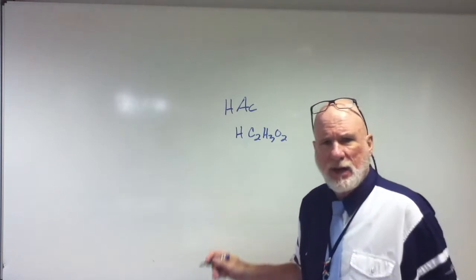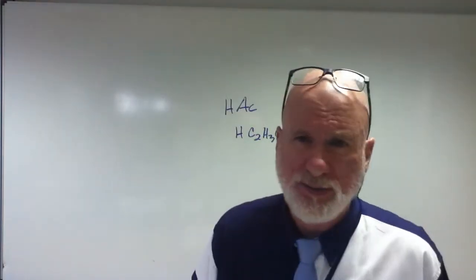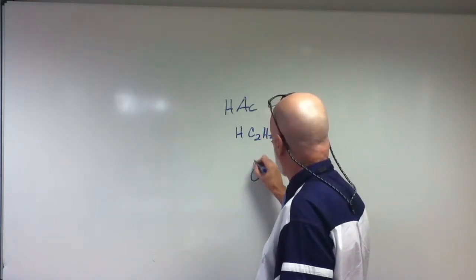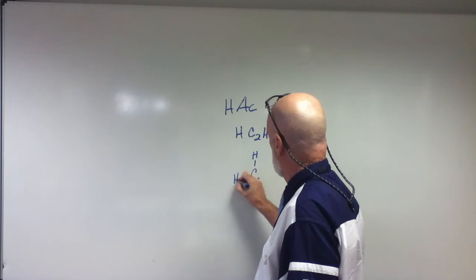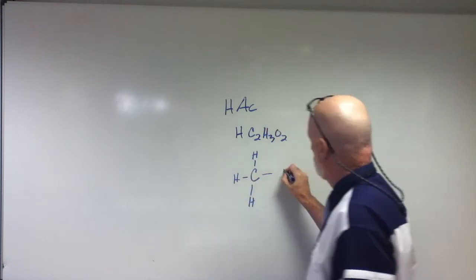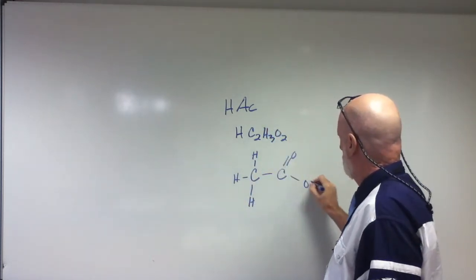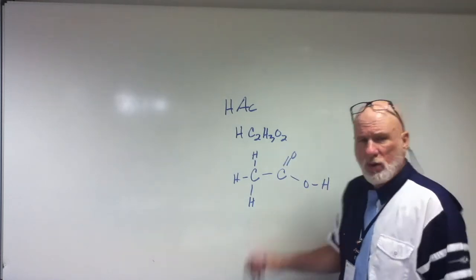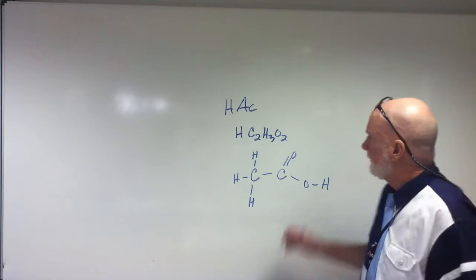I have it on my lecture that I'm making. I have some pretty nice ball and stick models of them. It's going to look like this. That's acetic acid, or ethanoic acid.